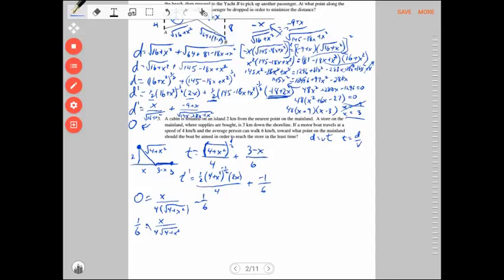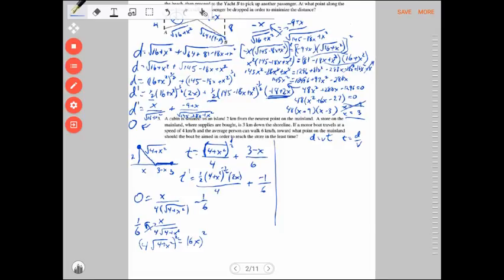Okay, so we cross multiply. So 4 times 1 is just 4, so that's going to be 4 root 4 plus x squared equals 6x. Okay, so far so good. Now we end up squaring both sides. Okay, so square both sides. I'll move over to up here now.